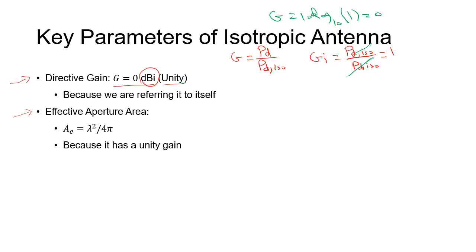The unit actually is just dB because you are taking the logarithm, so this is the correct unit. But since we are referring to an isotropic, we put a hint here that we are comparing to isotropic, because in reality the antenna is a passive component and doesn't have a gain, and its gain is just a relative gain.